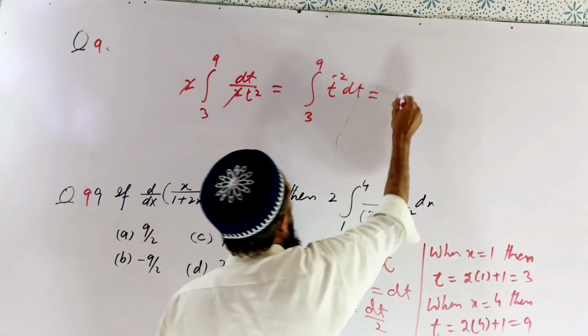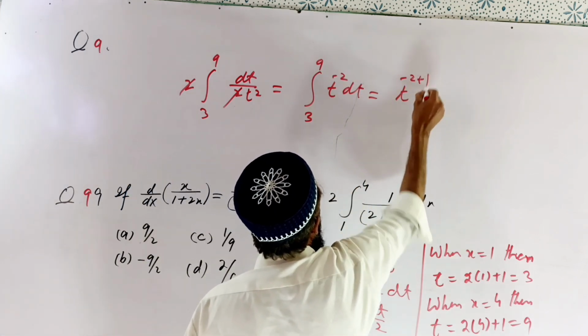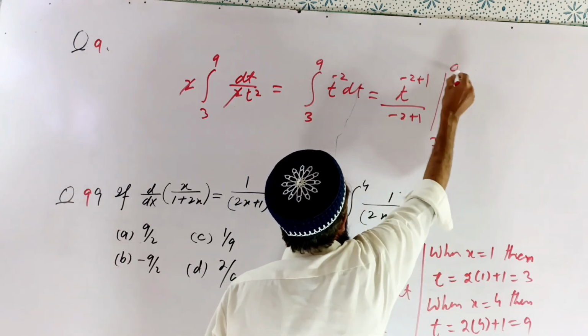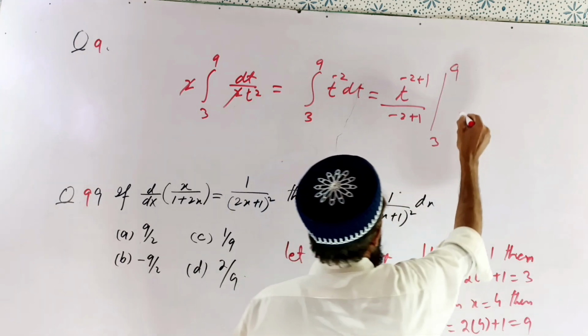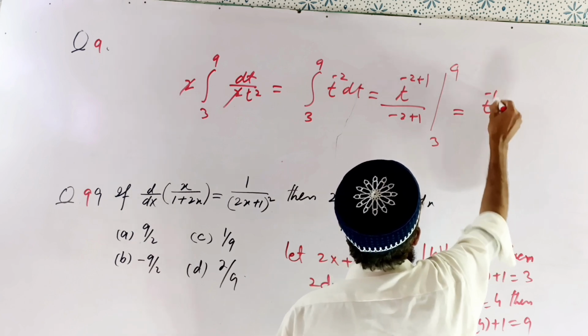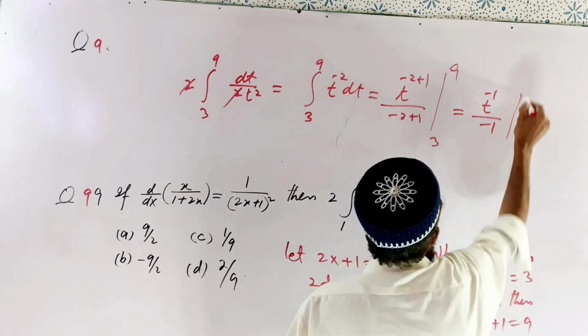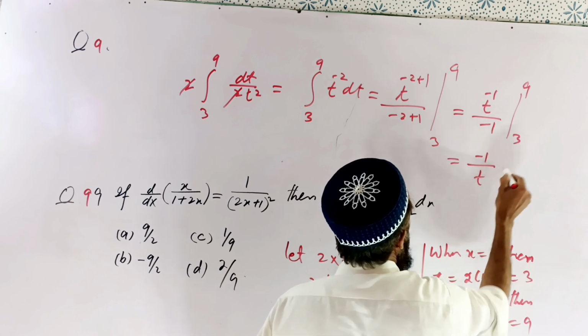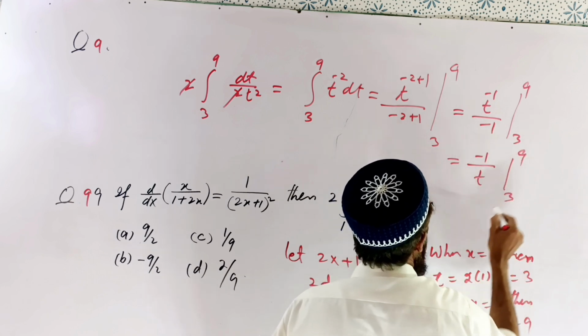So we use the formula, adding 1 to the power of minus 2, and the upper and lower limits are applied. We can write t^(-1) from 9 to 3, that is minus 1 by t from 9 to 3.